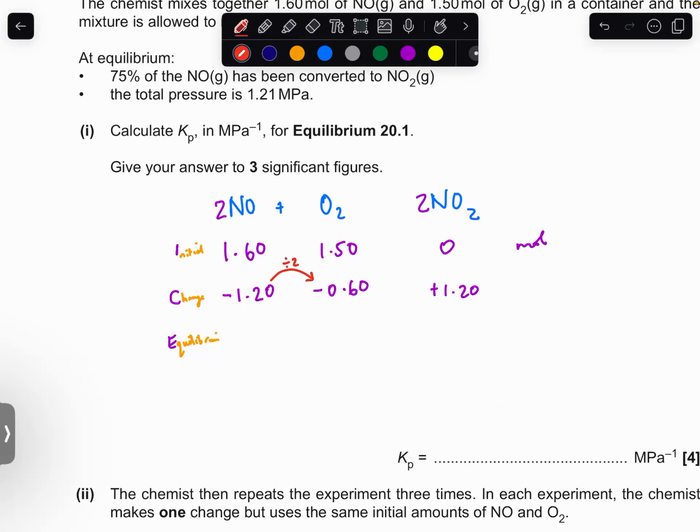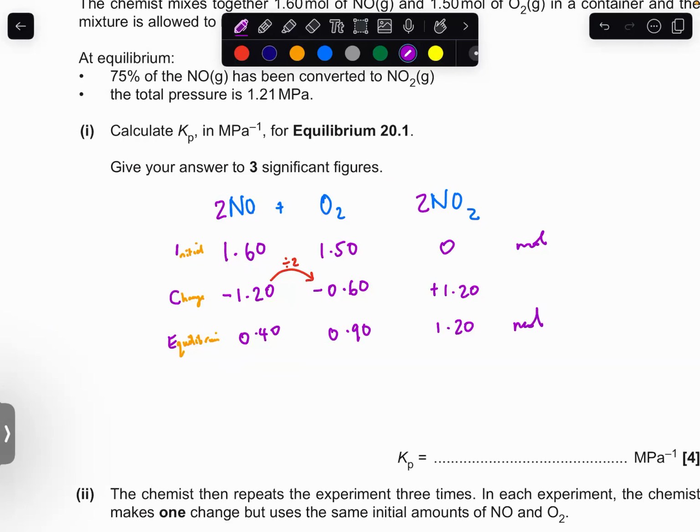Half. And what's the remaining amounts at equilibrium? 0.40, and this will be 0.90. And we've got our equilibrium amount here. This is the amount in moles.